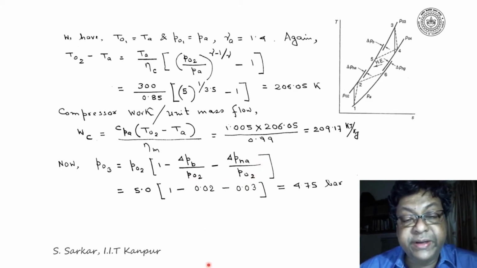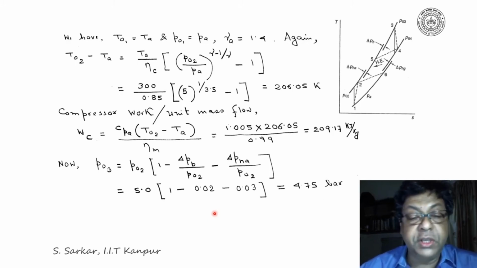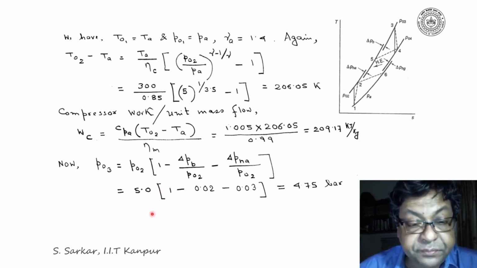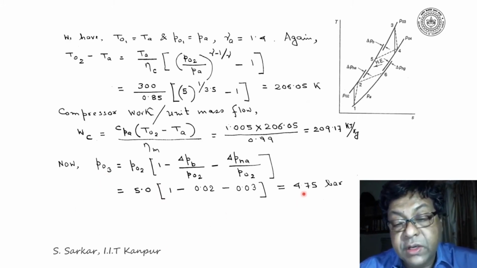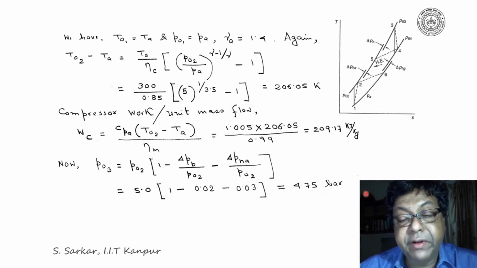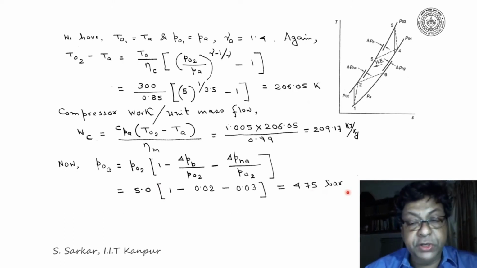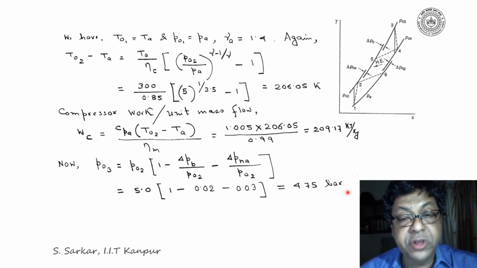Now one is stated as 2% of P02 and another is stated as 3% of P02. Thus I can write 1 minus 0.02 minus 0.03, multiplied by 5. So P03 I have got as 4.75 bar, P01 being 1.0 because atmospheric pressure is stated as 1 bar.